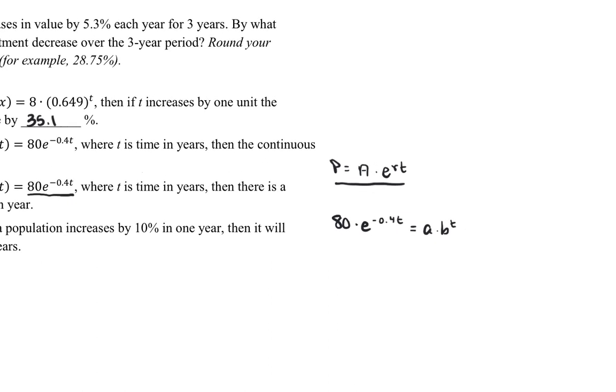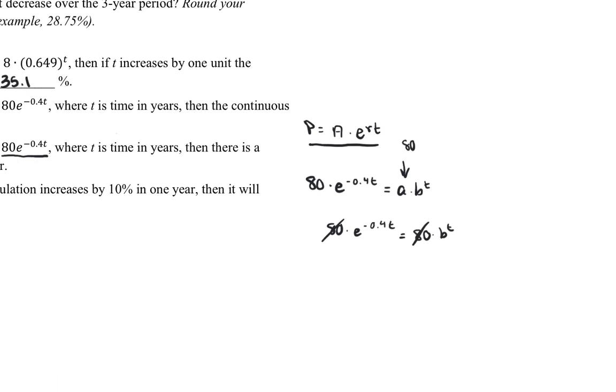Again, we know our starting point is 80, so we have 80 times e to the negative 0.4t is equal to 80 times b to the t, which means that the 80s will go away. And we're left with e to the negative 0.4t is equal to b to the t. And what we want to solve for is b.